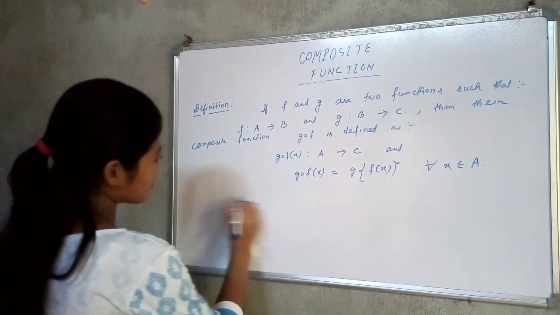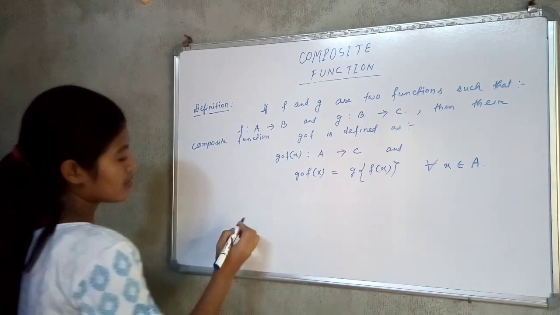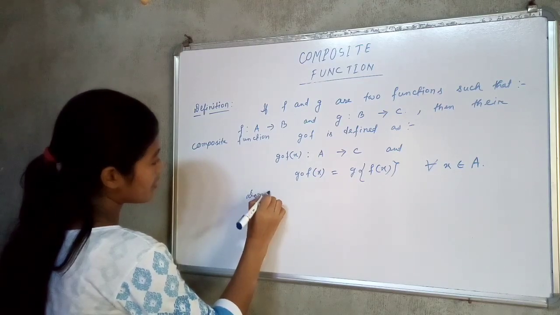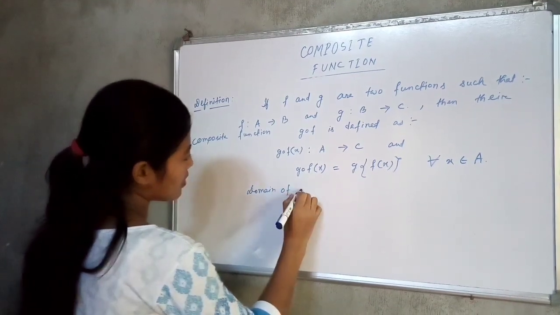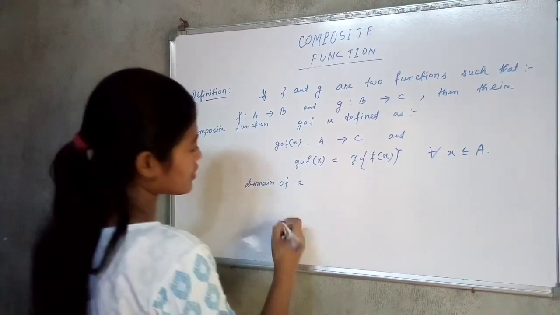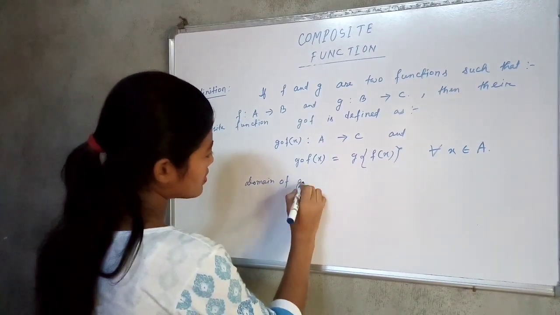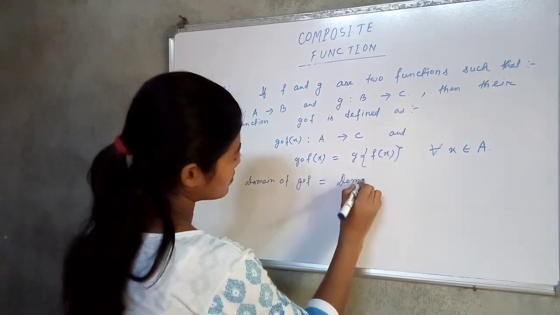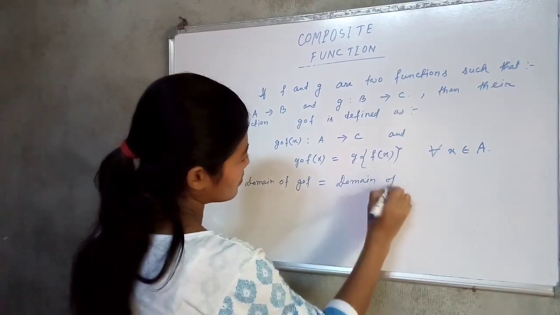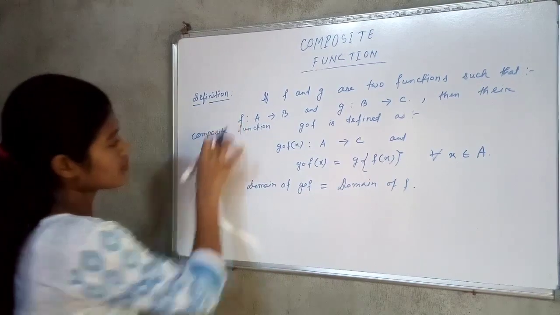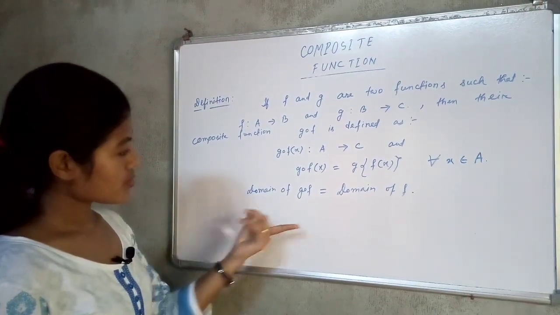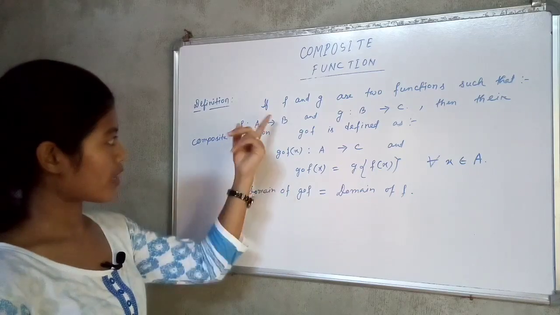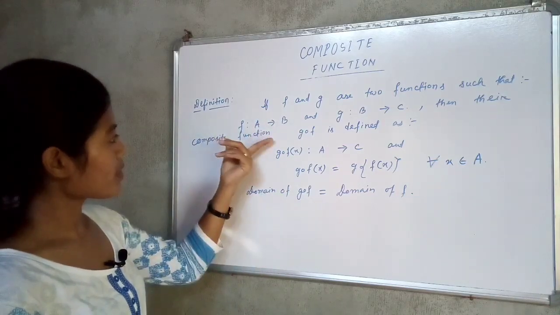Here we have seen that the domain of g∘f equals the domain of f. The domain of this composite function will be the domain A.